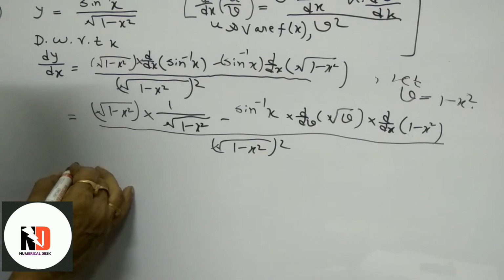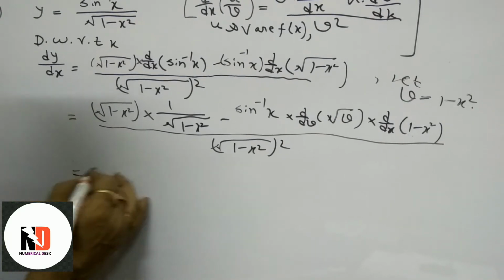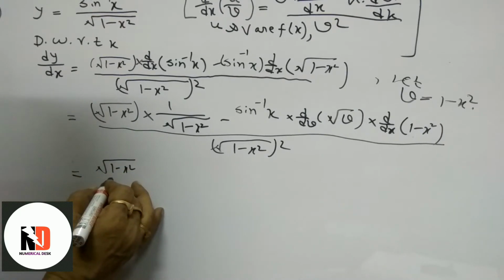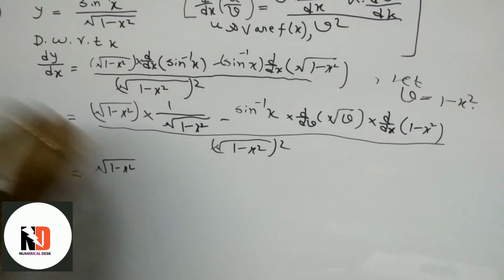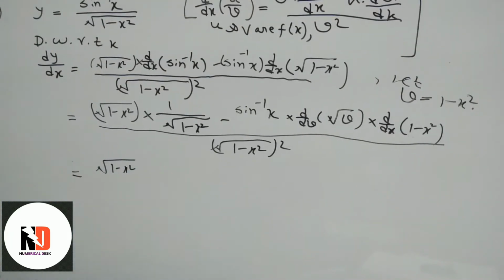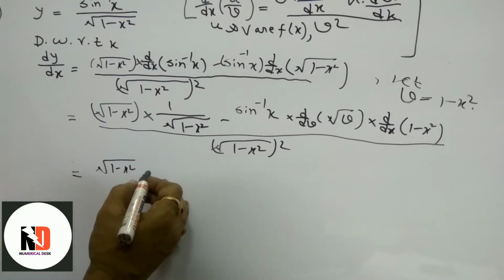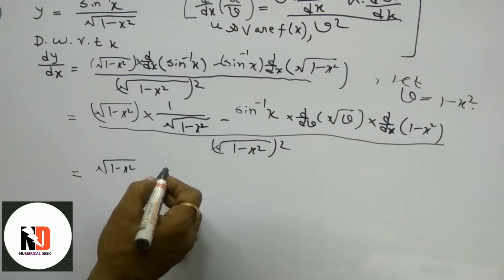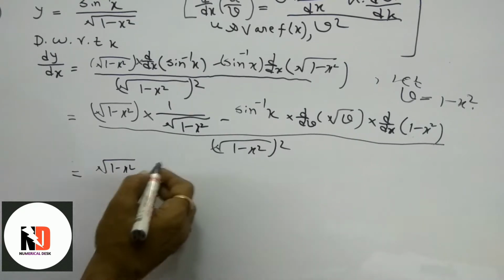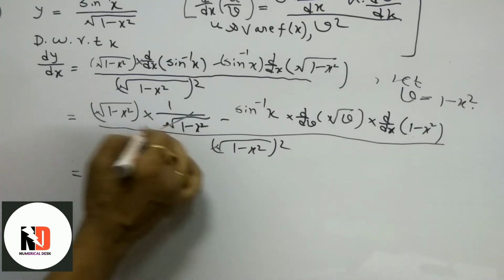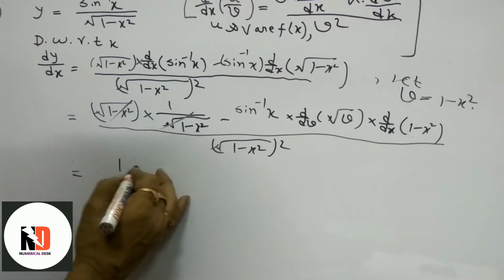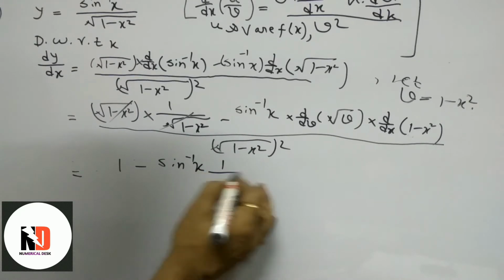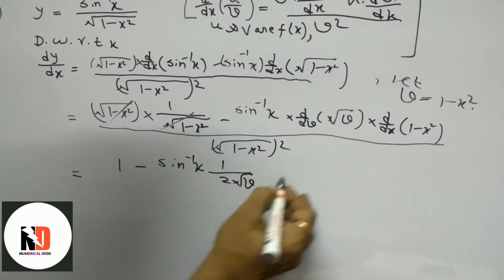Now what is going on? Let us write down the sum: 1 minus x square into root over 1 by x square. I think these two terms actually cancel, no? So we can write 1 only, and now sin inverse x and 1 by 2 root.